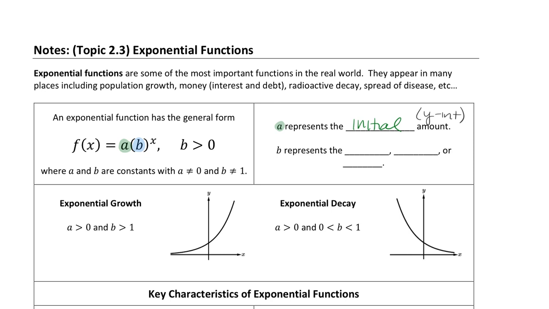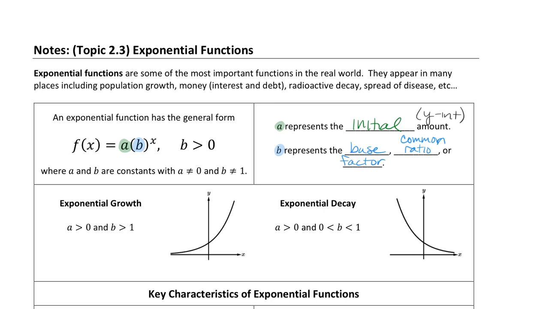The b represents the base, or in sequences, it would be called the common ratio. Or sometimes it's referred to, especially in real-world scenarios, as the factor. So base, or common ratio, or factor. I'm going to mostly refer to it as the base, but it also has those other names.